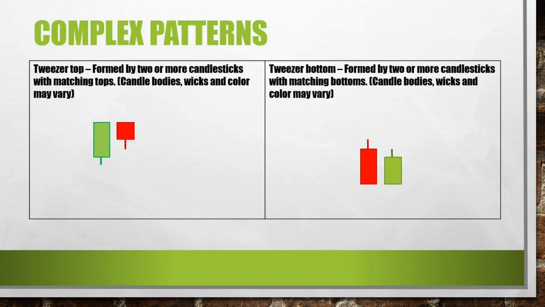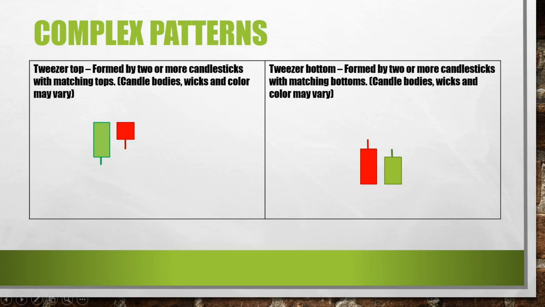Now let's move on. Our next pattern is the tweezer top, formed by two or more candlesticks with matching tops. Candle bodies, wicks and color may vary, which means for the tweezer top pattern, the tops of the candles should be the same.